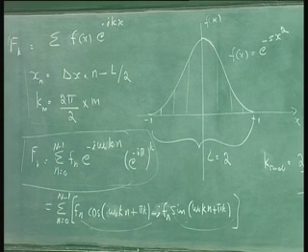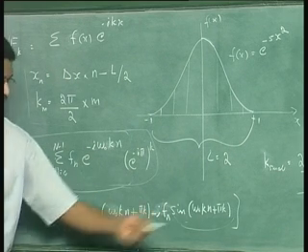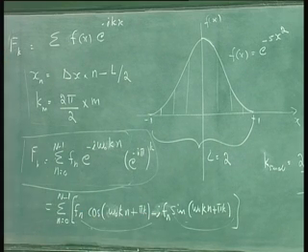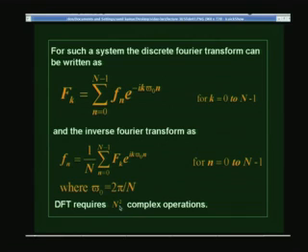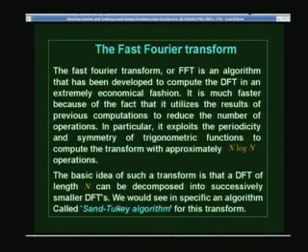In our calculation here, the imaginary part is 0 for this particular function. So this is easy to implement, and we can obtain a reasonably good accuracy. Now we look at the fast Fourier transform implementation.